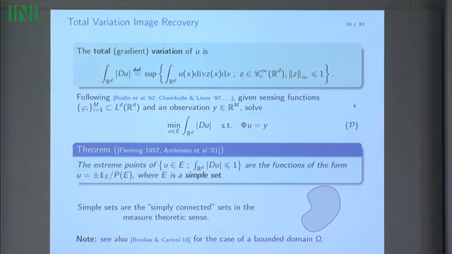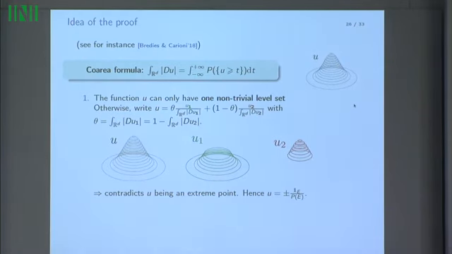Just to give you why you cannot have many levels in your function: when you have many levels, you can decompose this function into two parts and express this function as a convex combination of those two parts. So, of course, you need your extreme points to have only one non-trivial level set, okay?